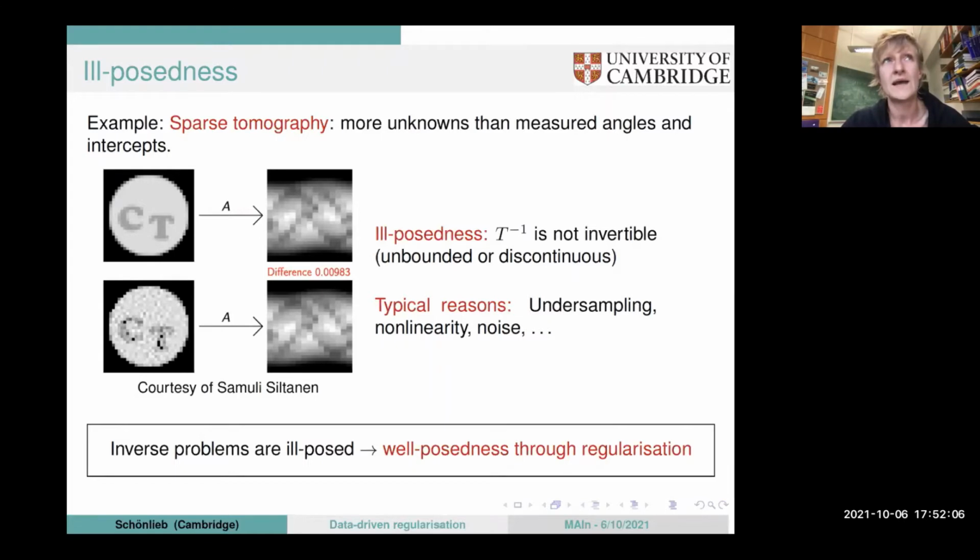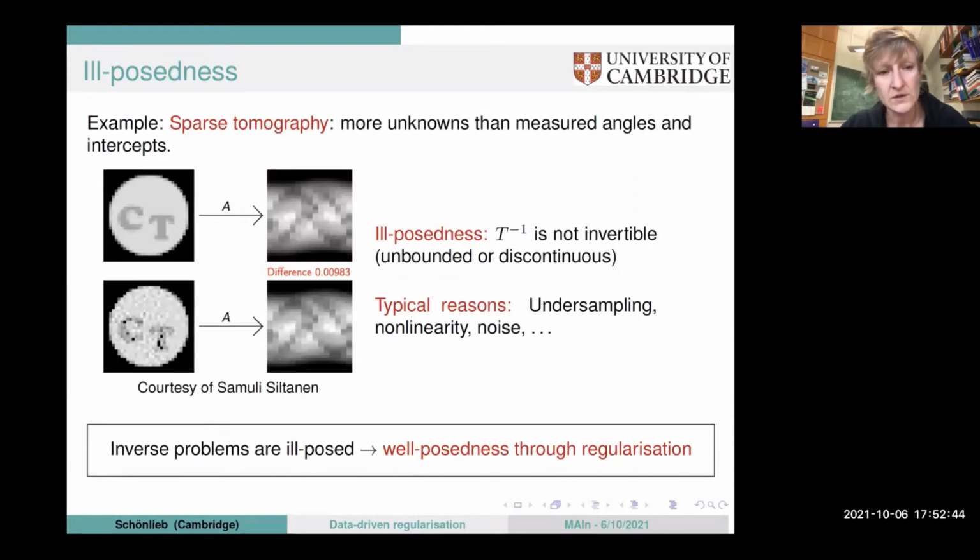And then the properties of the forward operator also kick in by having noise in the measurements. If your inverse is not a continuous operation, then you get all kinds of stability issues with noise in the data showing up in your reconstruction and making it unusable.